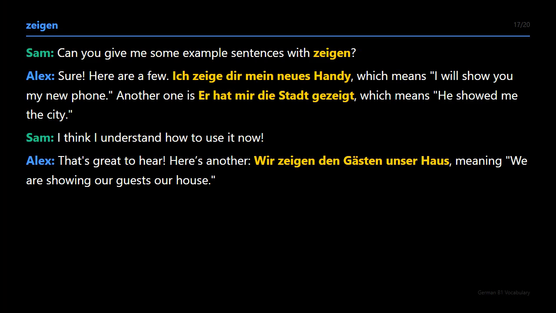Another one is, er hat mir die Stadt gezeigt, which means he showed me the city. I think I understand how to use it now. That's great to hear. Here's another. Wir zeigen den Gästen unser Haus. Meaning we are showing our guests our house.